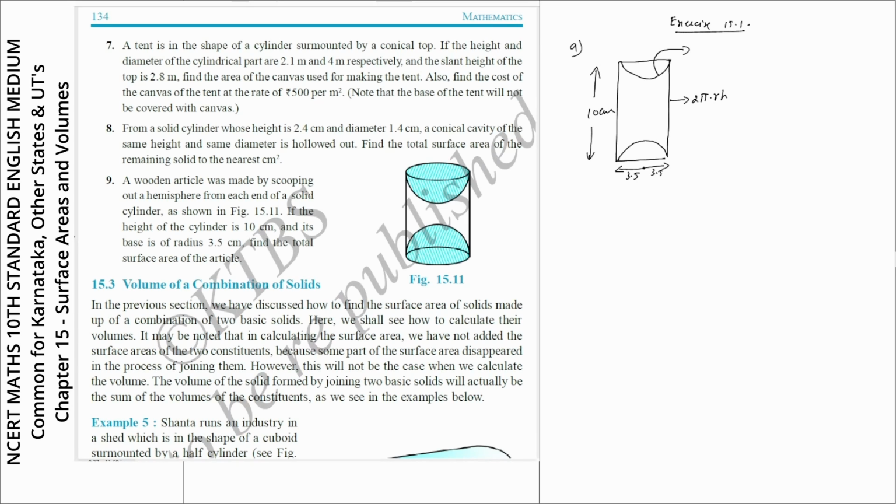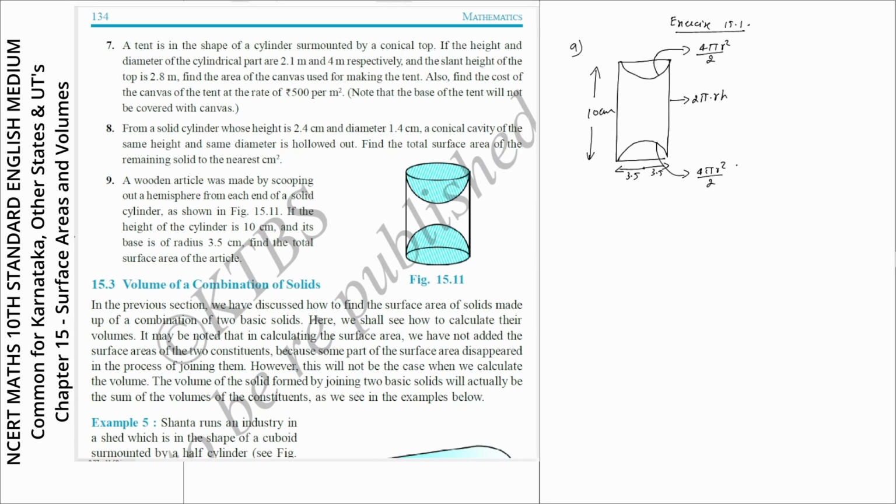It is given by 4 pi r square, which is the curved surface area of a sphere. So half of that will be the curved surface area of the hemisphere. Similarly, the curved surface area of this hemisphere is 4 pi r square by 2.